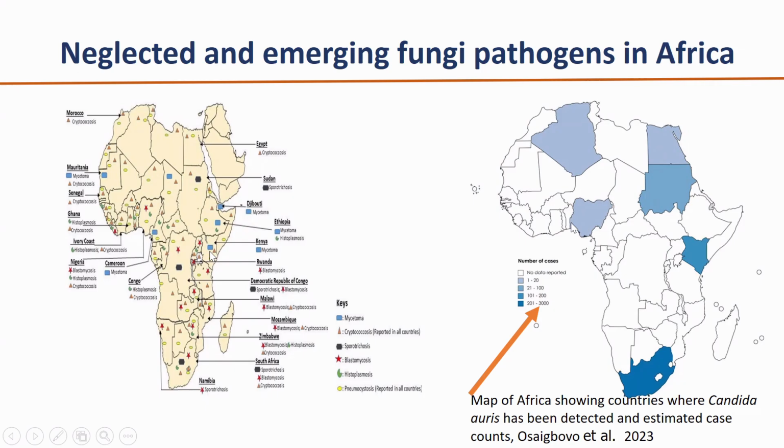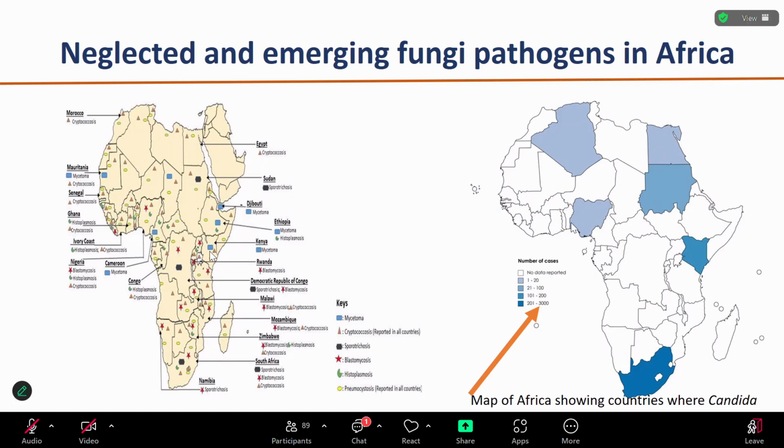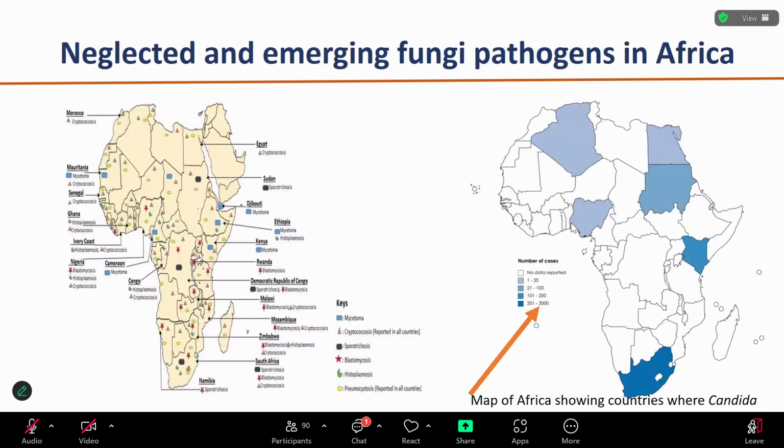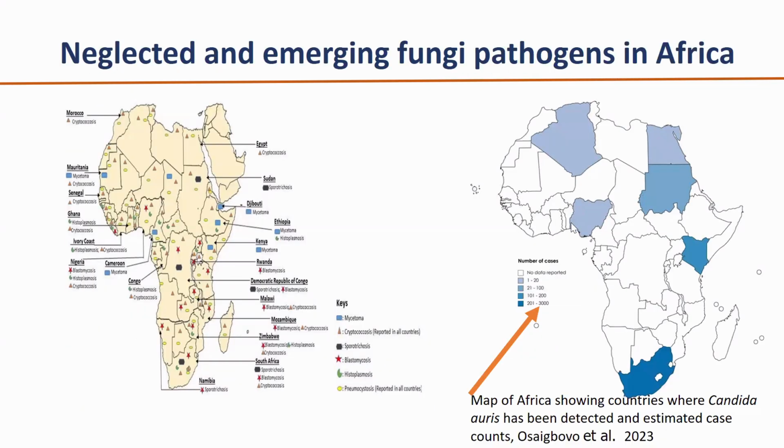They have also reported some cases of mycetoma, but not only mycetoma, we see blastomycosis, which is also a subcutaneous mycosis. Blastomycosis has also been reported in a number of countries, including Uganda, the Democratic Republic of Congo, and Tanzania. So these subcutaneous or neglected mycoses are also a problem in Africa.